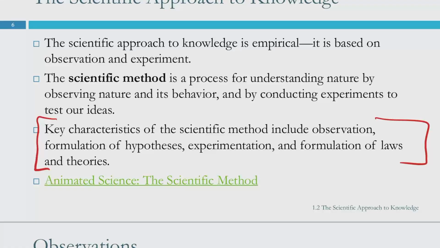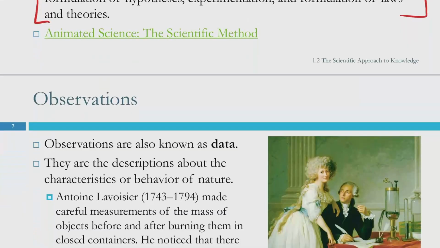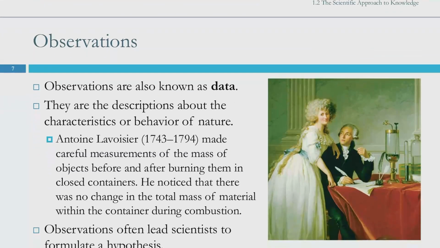Key characteristics: we have observation, formulation of hypotheses, educated guesses. We've got experiments, and then formulation of laws and theories. We don't always come up with laws and theories, but sometimes we come up with things that are close to laws and theories. So the first step of the scientific method, observations.